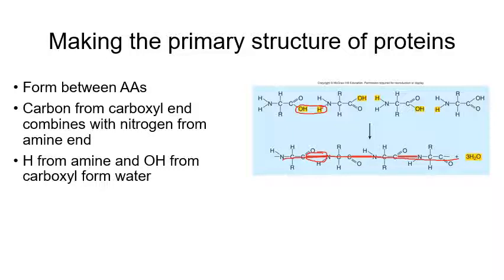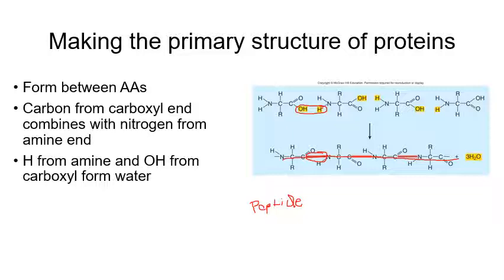The bond between the different amino acids is called a peptide bond, and you can call these chains a polypeptide.